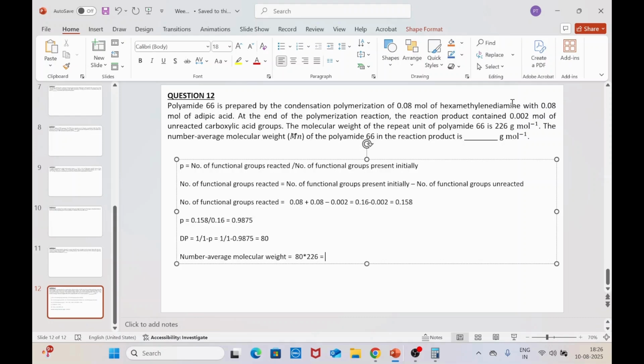Similar answers or other answers? I got 18080 grams per mole.